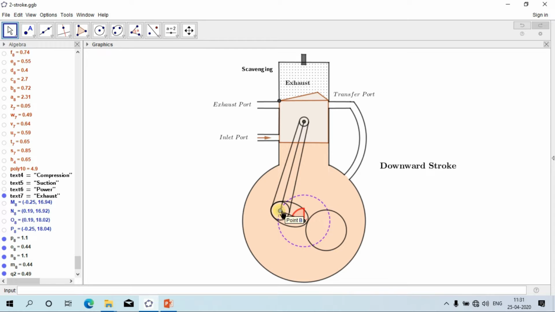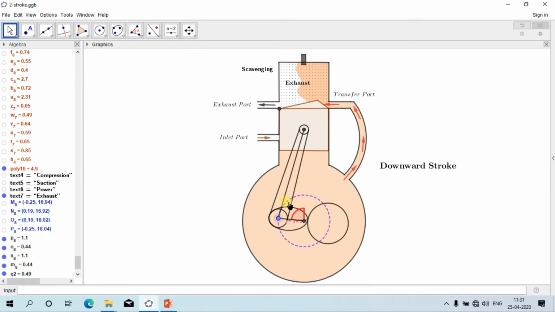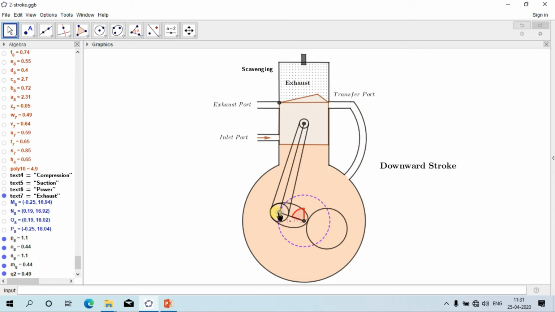Okay. And the fuel or charge present over here is compressed by the piston, and as the piston further moves downward, you can see here the transfer port and exhaust ports get opened.